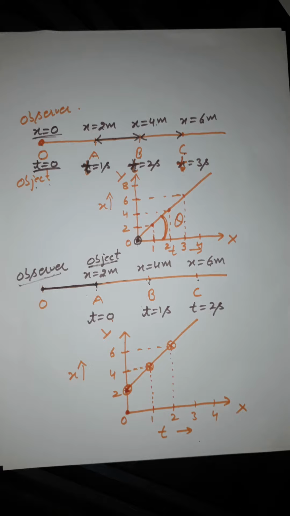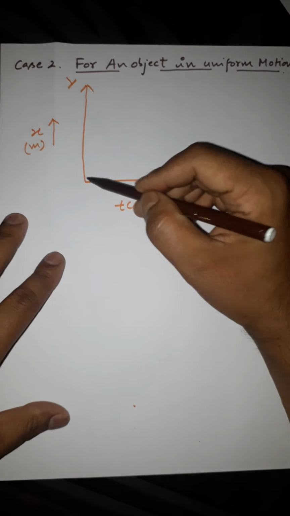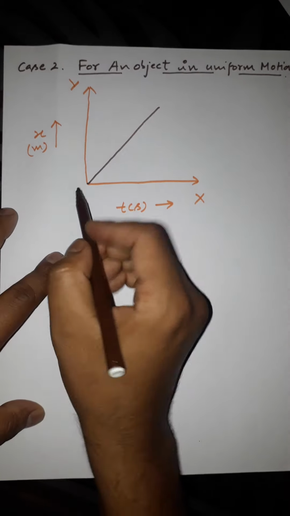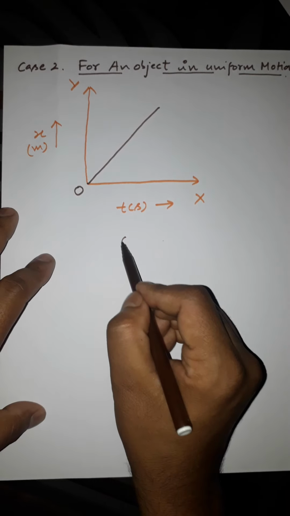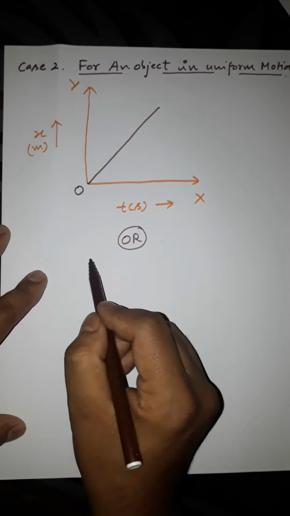So we can draw the xt graph here for uniform motion. So you can draw the graph like that. It means both observer and object are at the same position, and you can also draw the position time graph for uniform motion like that.